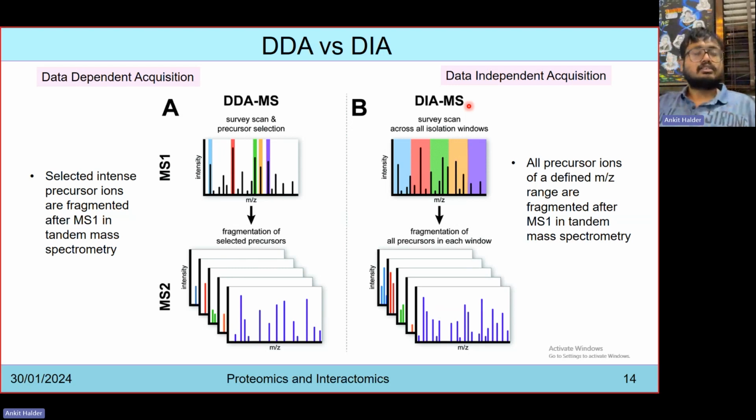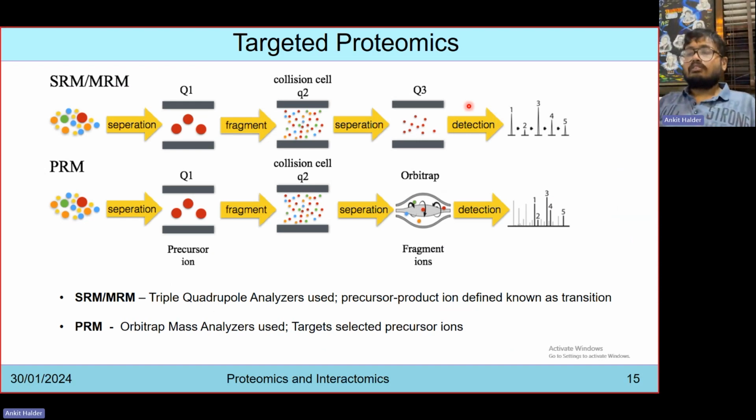You are not asking your instrument to fragment only those precursor ions which are of very high intensity. Rather, in a predefined given m/z range, all the precursors will be fragmented and analyzed at the MS2 level.